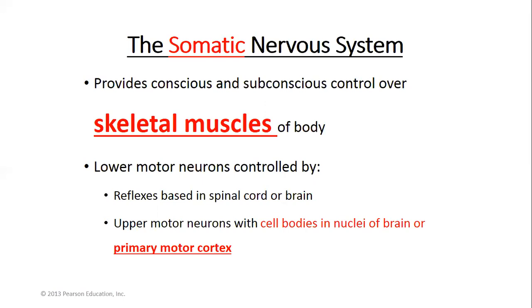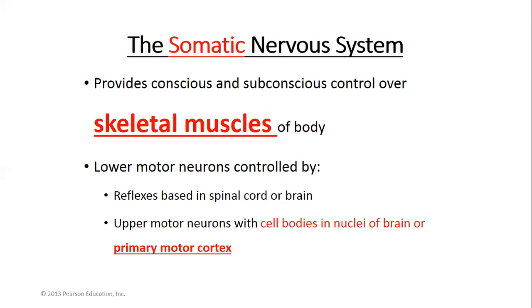They can be involved in a reflex from the spinal cord to the brain, or they can be involved in a more complicated pathway, coming in from integrated information from sensory neurons to the brain, the primary sensory cortex, and the primary sensory cortex can communicate to the primary motor cortex, where the cell bodies of upper motor neurons are located. And then those upper motor neurons communicate to lower motor neurons as well.